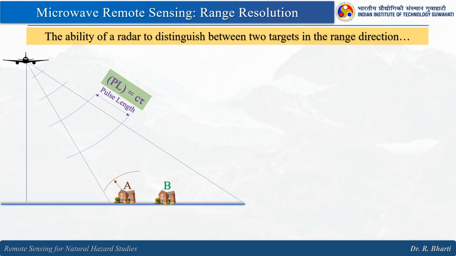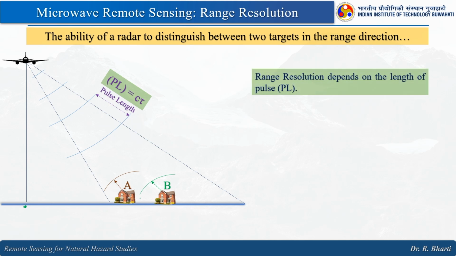Now it is interacting with these objects A and B, and if A is near, close to the nadir, it will interact first and then it will start releasing this back scattered energy. So, the range resolution depends on the length of the pulses. Here the length of the pulse is very important.